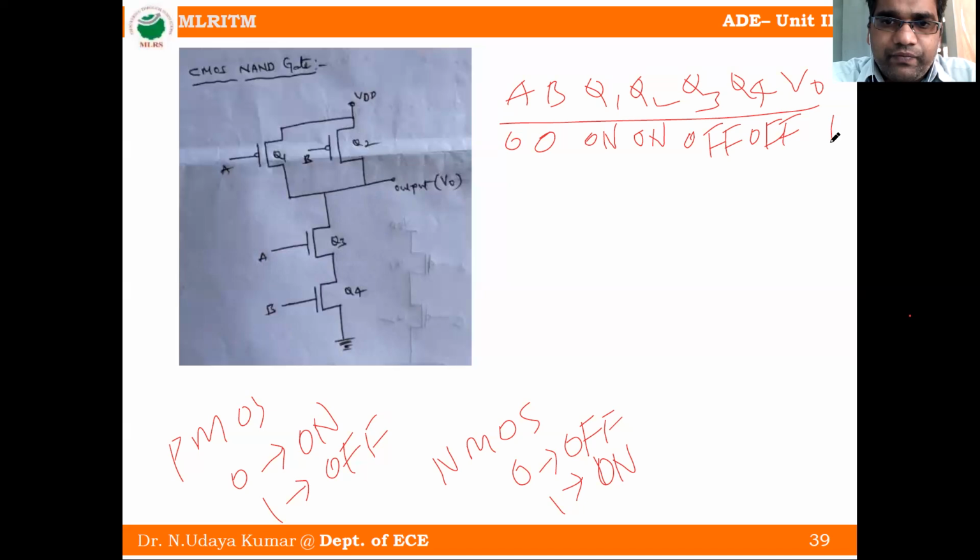The output is equal to logic 1. Second case, A is equal to 0, B is equal to 1.